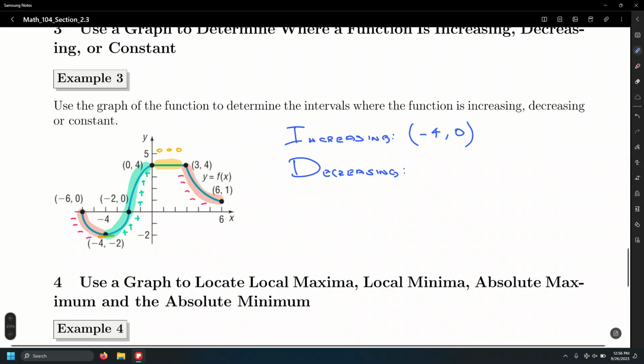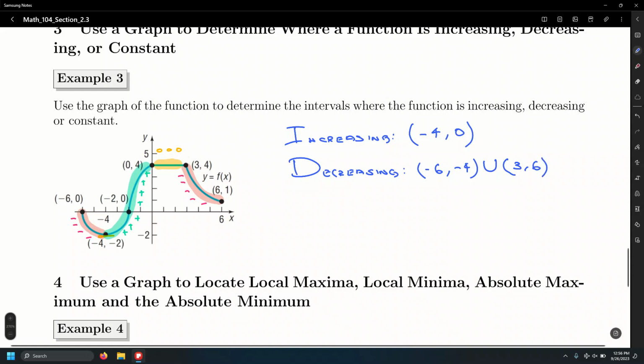We need to list these two intervals: -6 to -4, then put a union symbol, as if we were writing a domain, and then express the other region in red that shows the decreasing, also with interval notation, and that goes between 3 and 6.